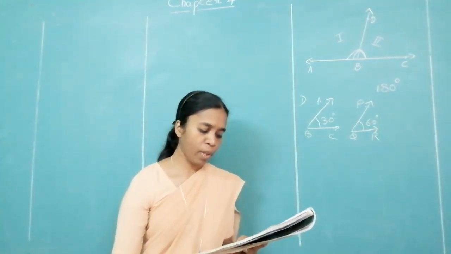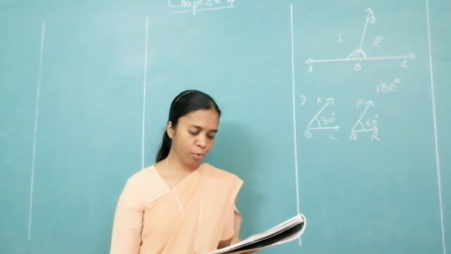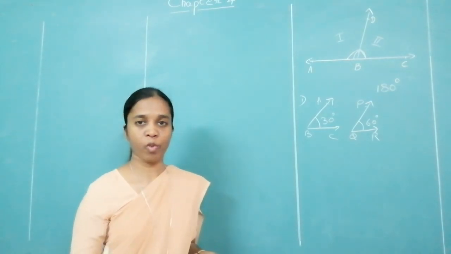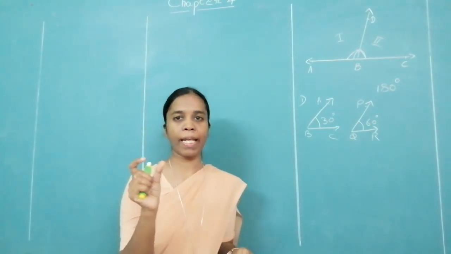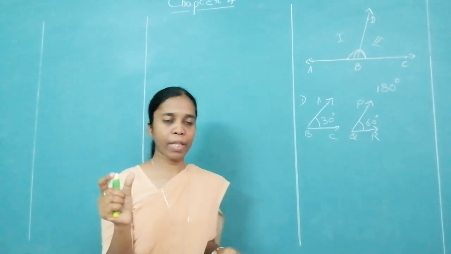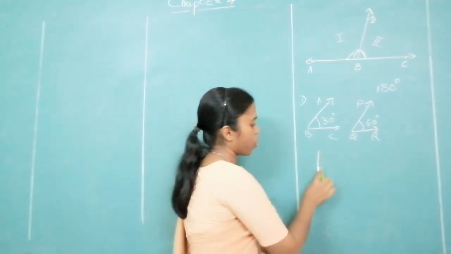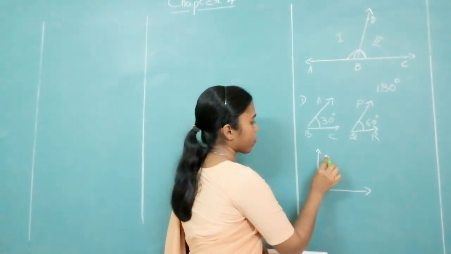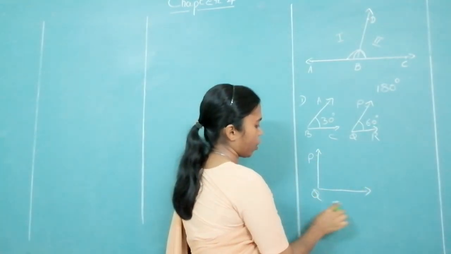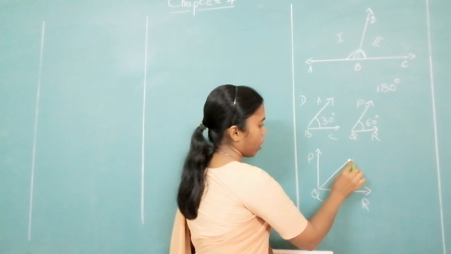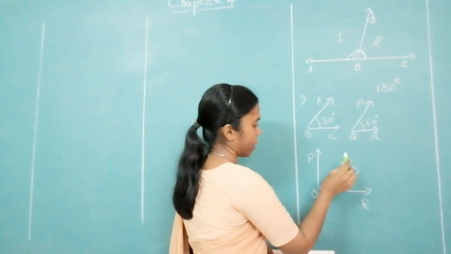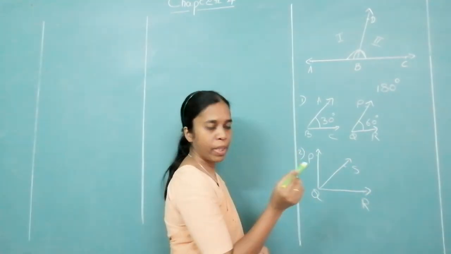Second one, complementary angles that do not form a linear pair. From the word itself, complementary angles. Suppose I have two angles over here, P, Q, R, and this is S. Complementary angles.